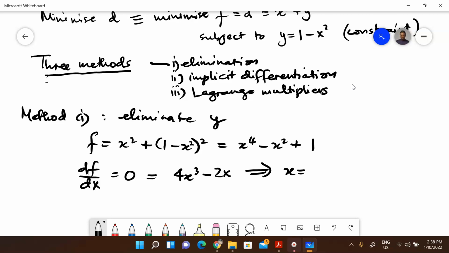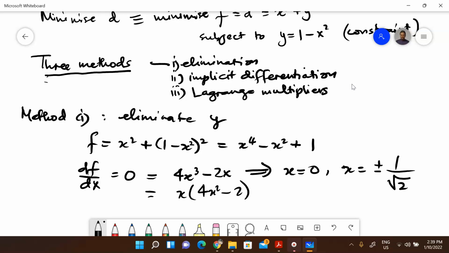That gives you x times (4x squared minus 2). Okay, so the solutions are x equals 0, and then you have another two solutions. When you equate the thing in the bracket to 0, that gives you x equals plus or minus 1 over the square root of 2.